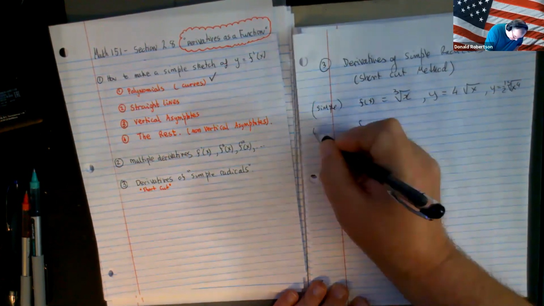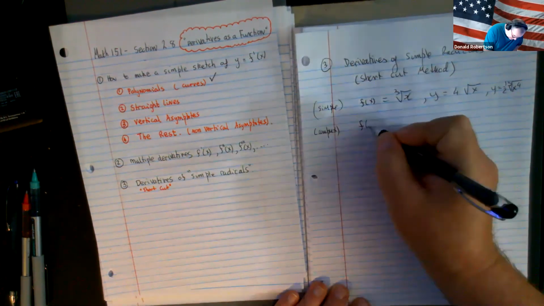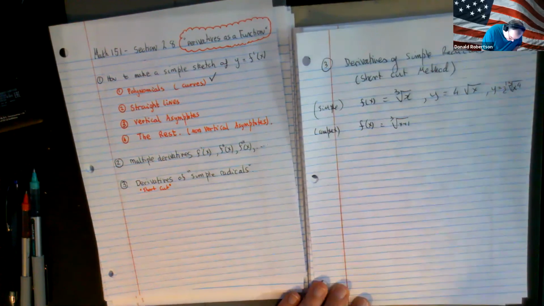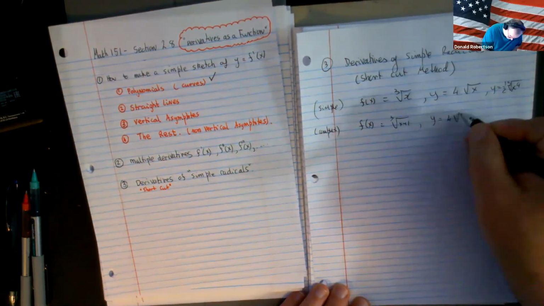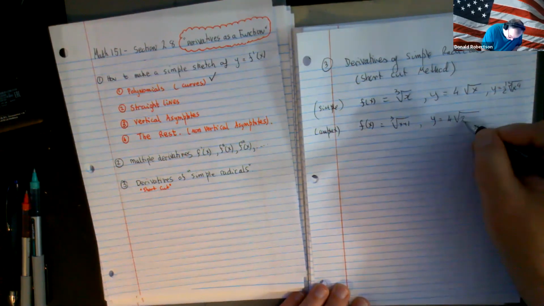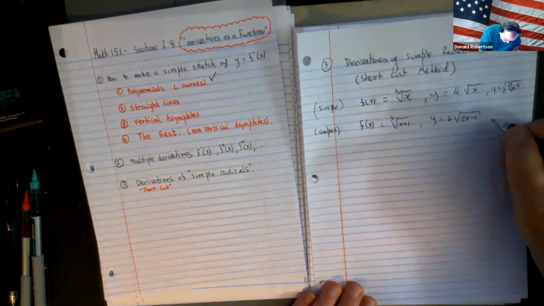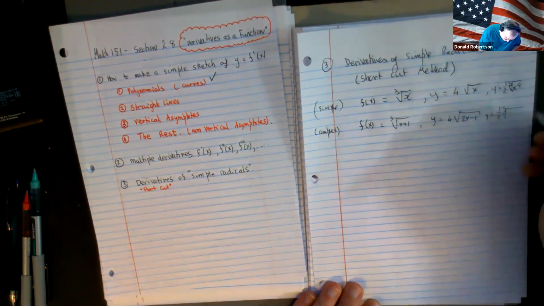This is what I mean when I talk about complex radicals. So it'll be the cube root of x add 1. It won't just be the square root of 4x, as it is here, but it might be 4x minus 1. And it won't be 1/2 of x to the 4.